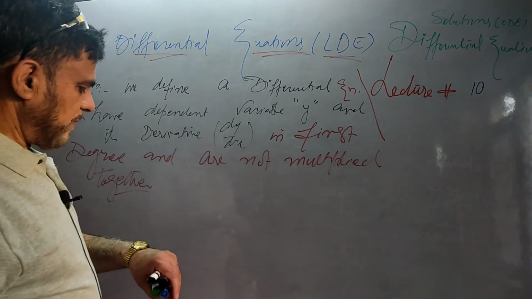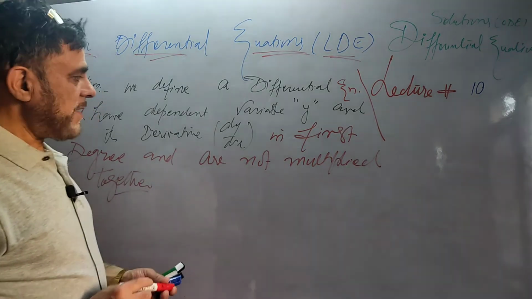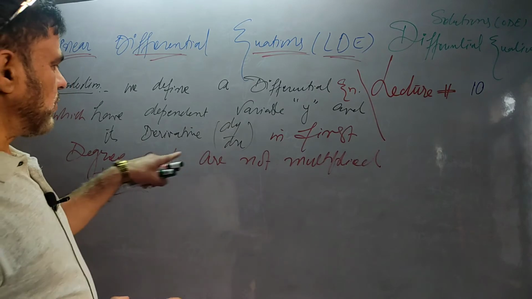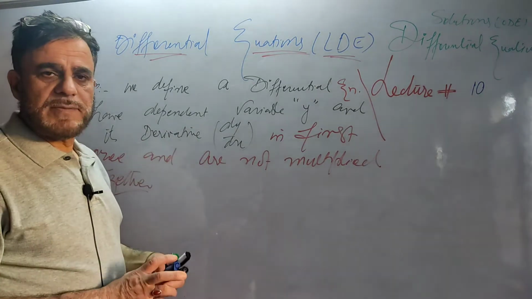These are not multiplied together, meaning in this case you don't have y into dy by dx.